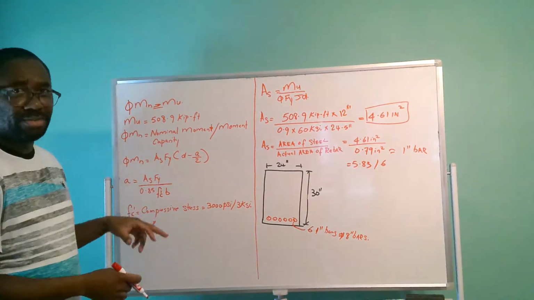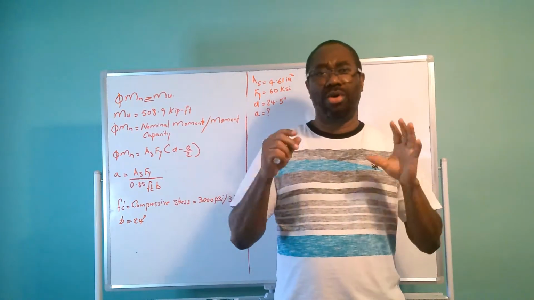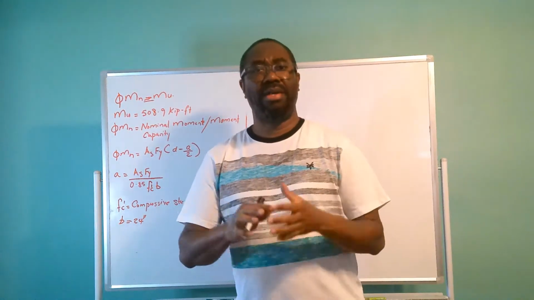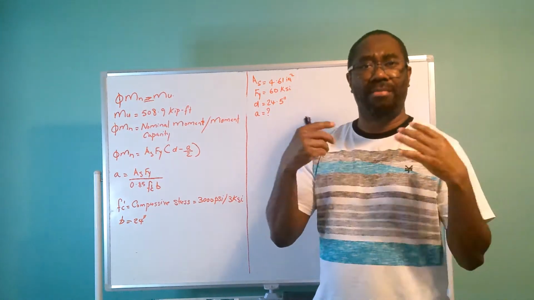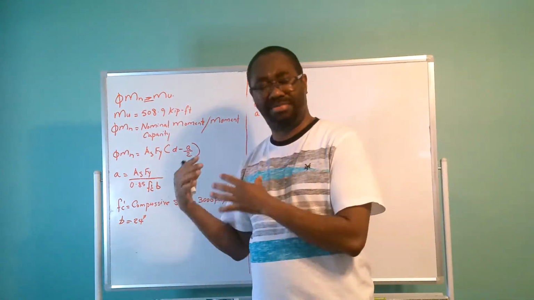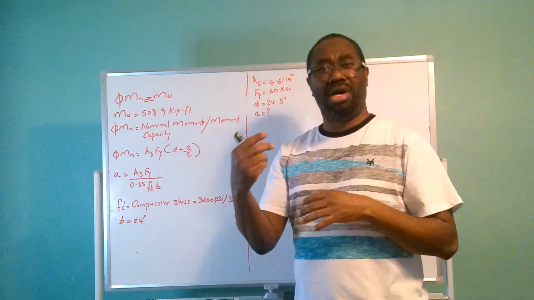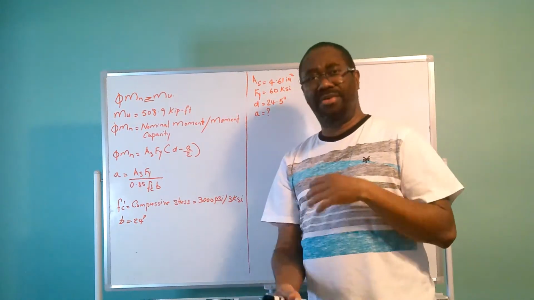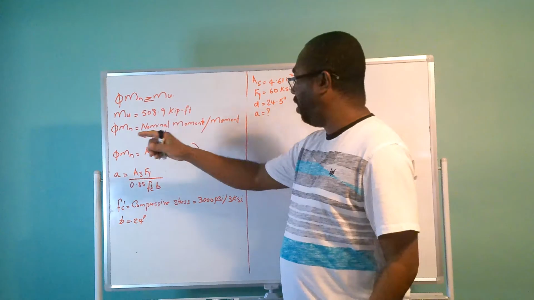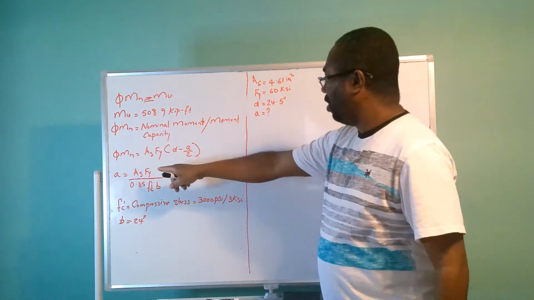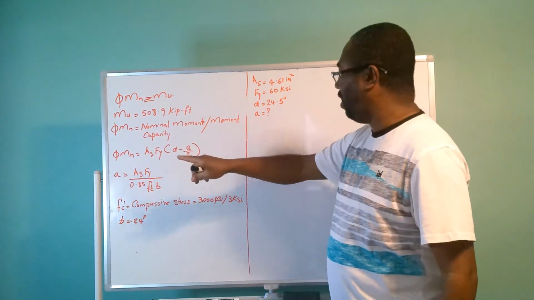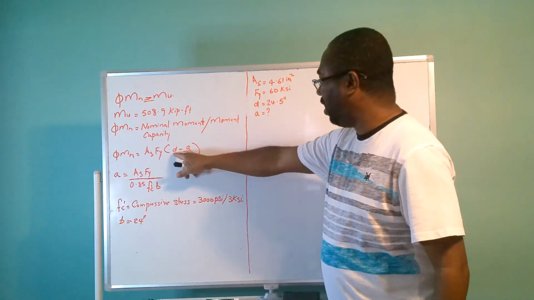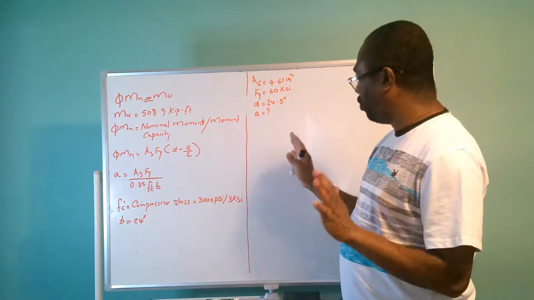So I'm now going to proceed to calculate the nominal moment or the moment capacity for this beam. The formula is phi Mn equals the area of steel times the yield stress of steel times d minus a over 2.